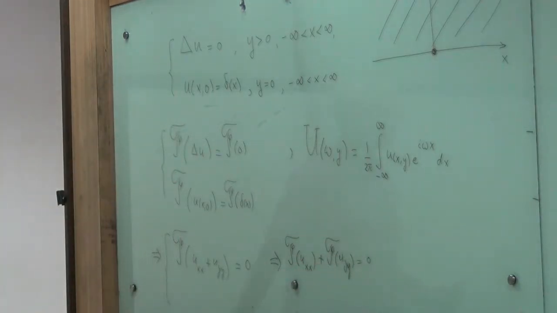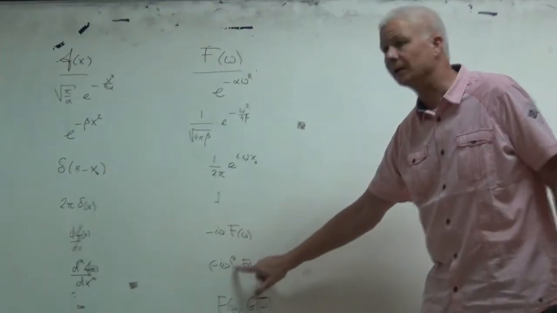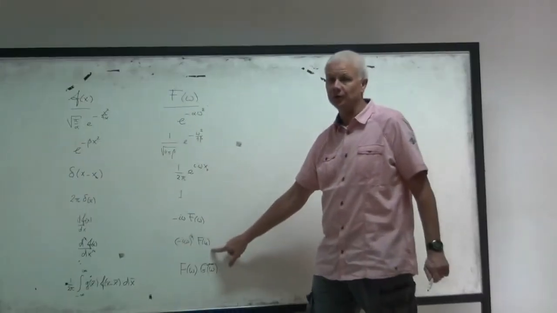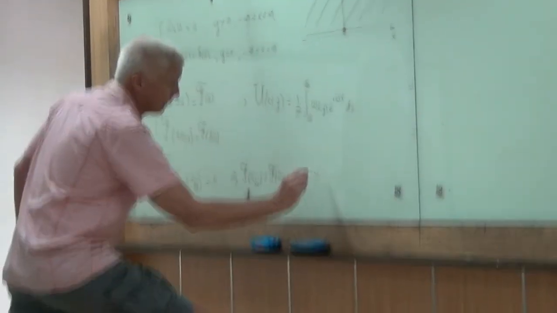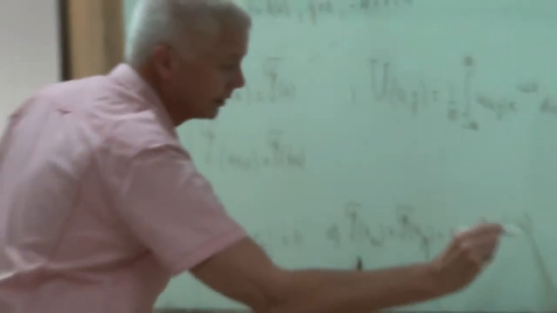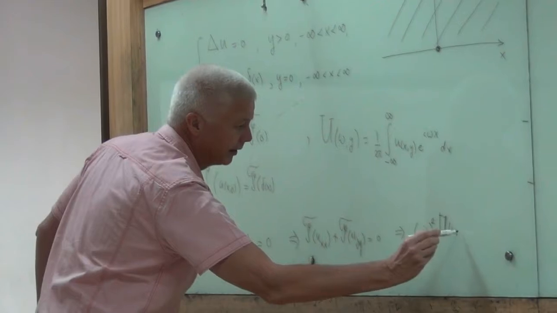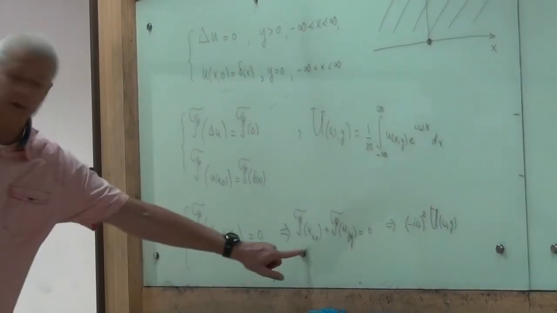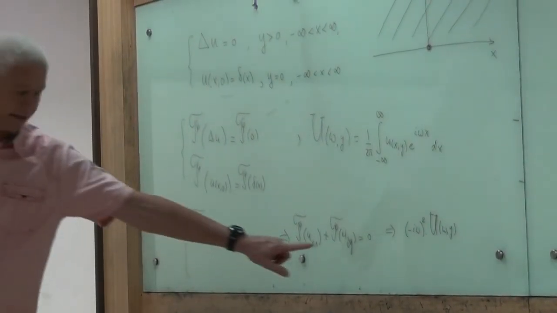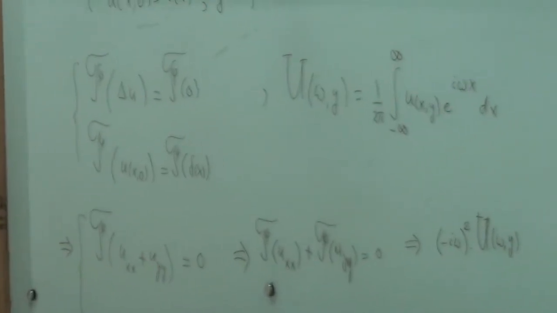If you Fourier transform the second order derivative with respect to x, we did that yesterday: that is minus i omega squared times the Fourier transform of that function. So we will get minus i omega squared times big U of omega and y.